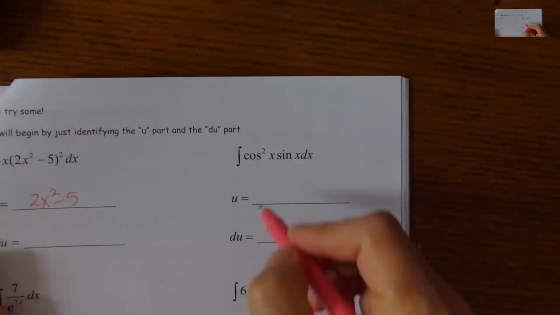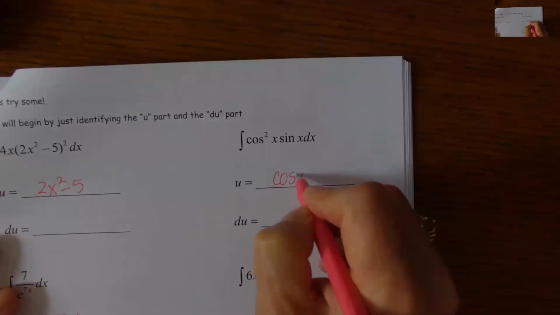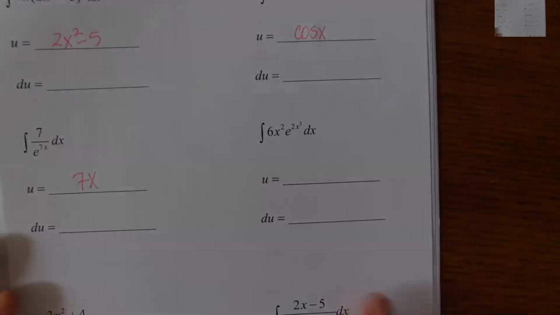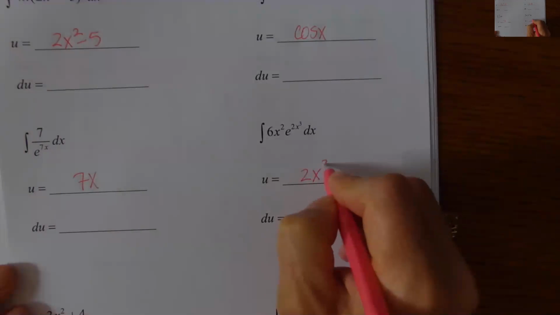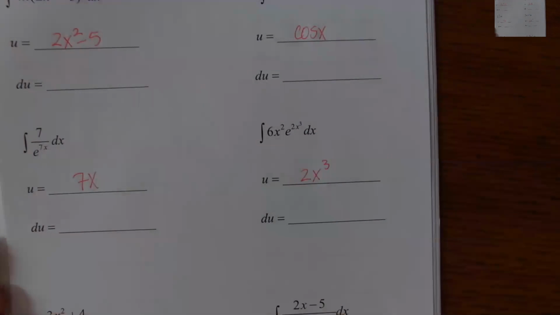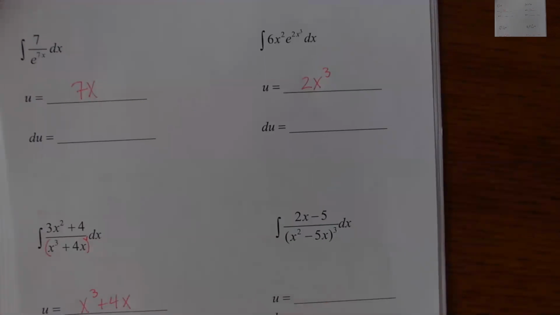So if something's raised to a power, that's your U. So what's the U on this one? Cosine X. What's the U on this one? Look at your list. What's the U? It is 2x cubed. If you see an E raised to a power, that power is your U. What is the U on this one?